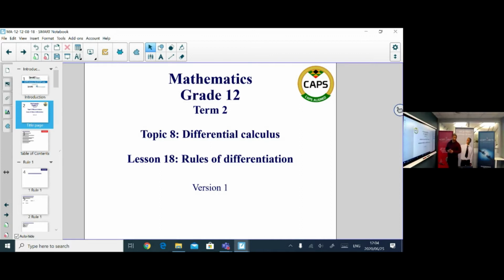Calculus is very applicable in many spheres of life. You can use it in the science world, your engineering, your mechanics. You also use calculus in finance a lot, and nowadays you realize that it's applicable in many other fields.